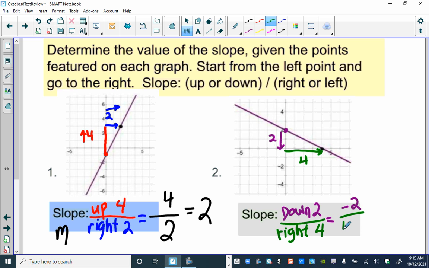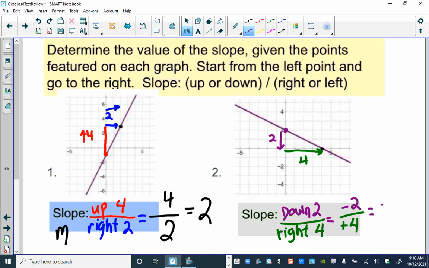Okay. So we have a negative 2 over positive 4. In the end, will our final answer be positive or negative? So you're dividing a positive into a negative. What's the overall final result going to be? It will be negative.